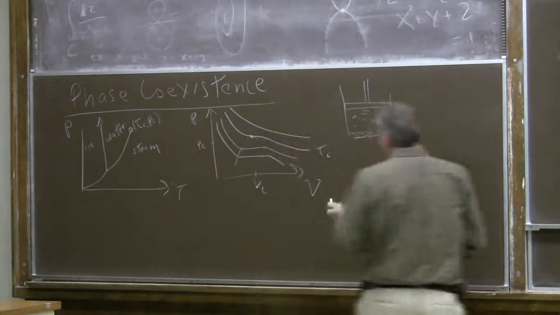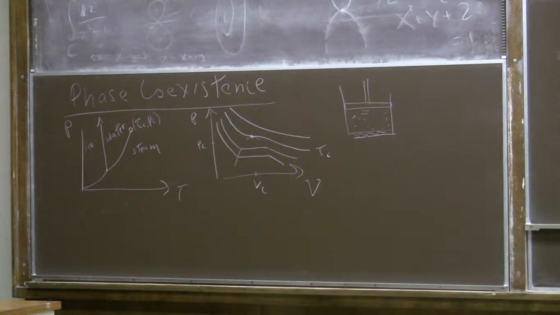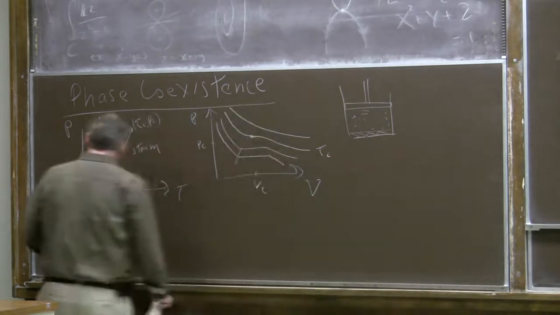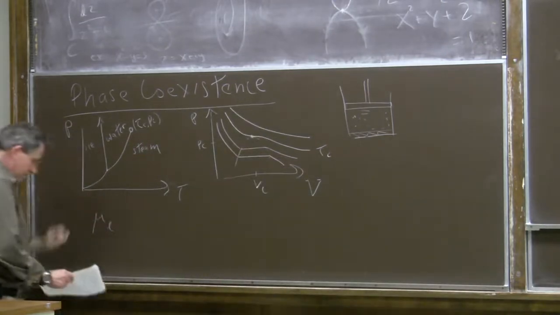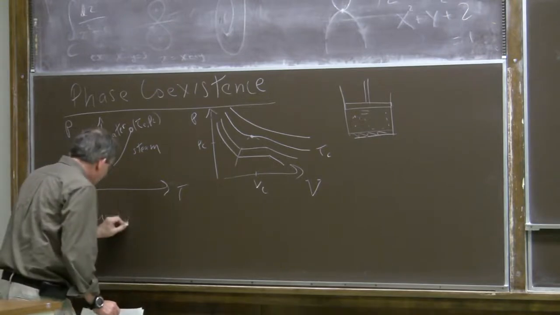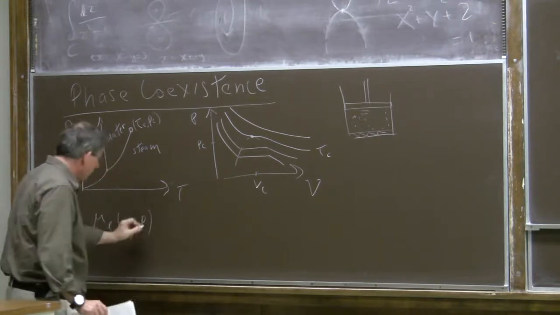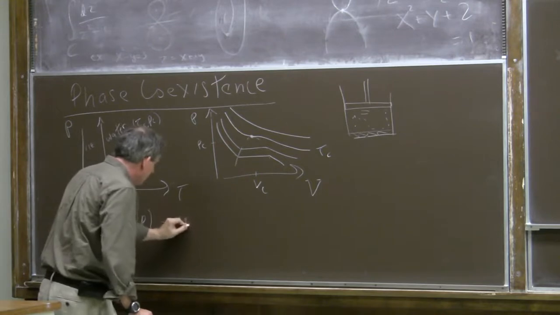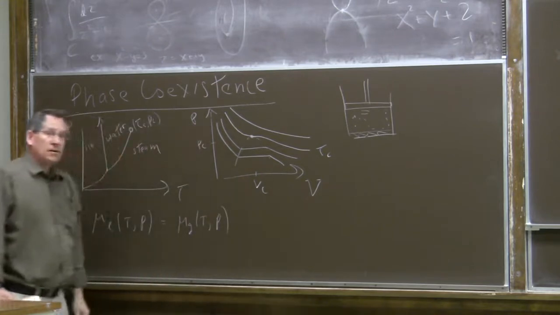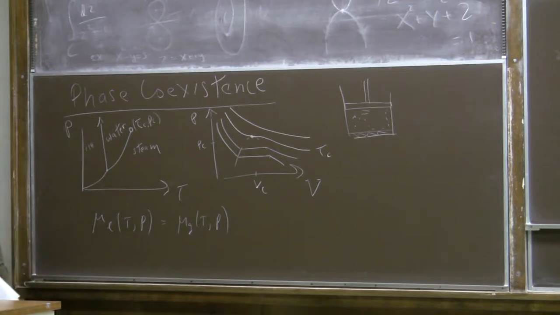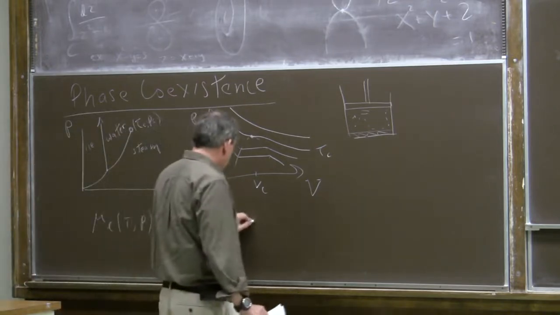So since the two phases are in thermal, mechanical, and diffusive equilibrium, the chemical potential, or Gibbs free energy per particle, as a function of temperature and pressure for the liquid is equal to the chemical potential as a function of temperature and pressure for the gas along the coexistence curve.